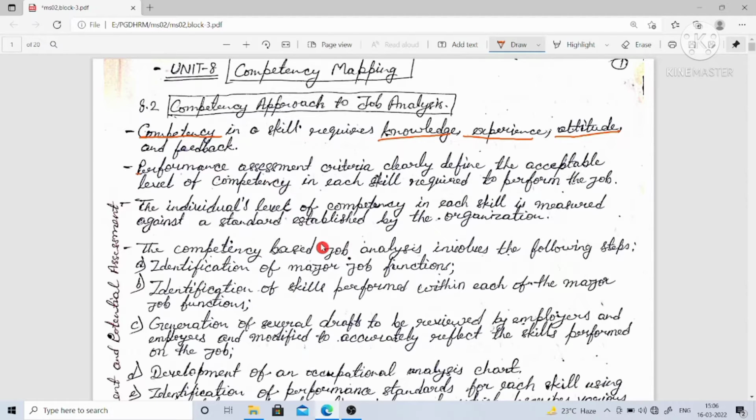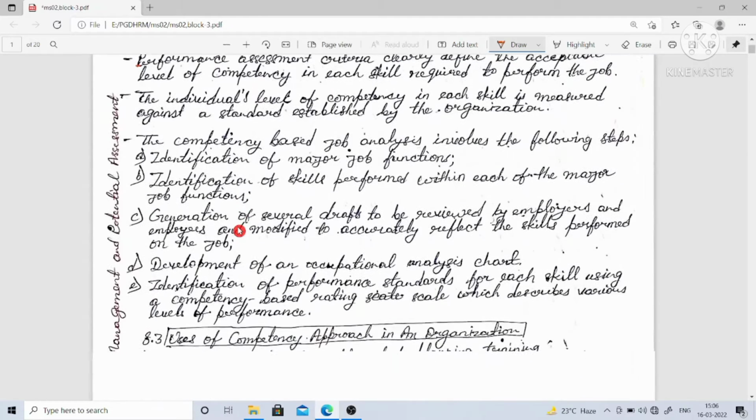An individual's level of competency in a skill is measured against a standard established by the organization. That means the competency which the individual possesses in a particular skill is measured against a standard, and that standard is established by the organization.